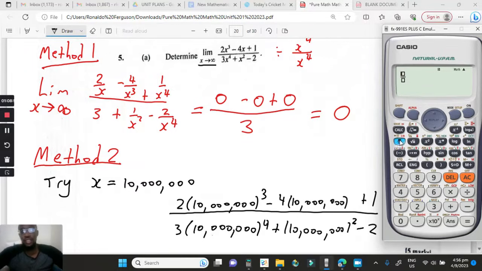So now just to see, 2 times 10 million raised to the 4th power minus 4 times 10 million plus 1 over 3 times 10 million raised to the 4th plus 10 million squared minus 2.